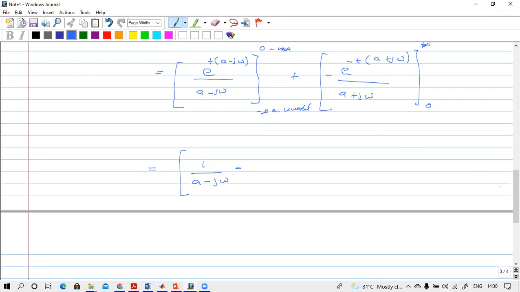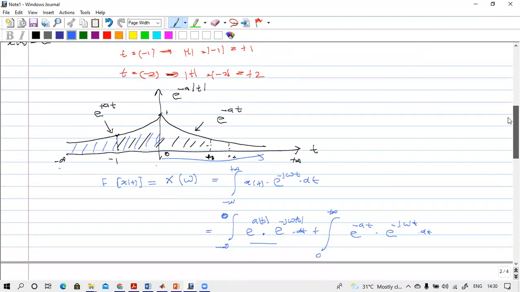what is the minus infinity value? Now we are considering this part of the graph. When this graph is going to minus infinity, what happened? This e to the power at will reach 0. So at minus infinity, this will be 0.